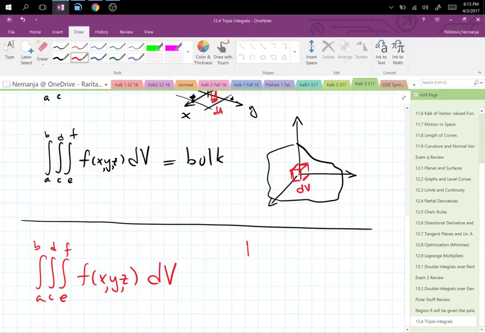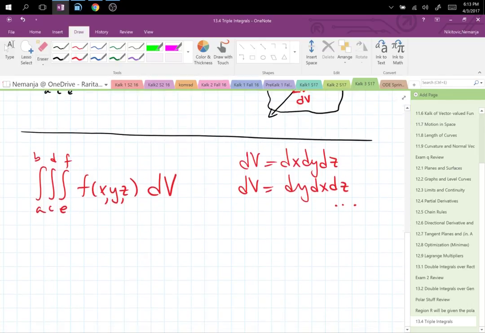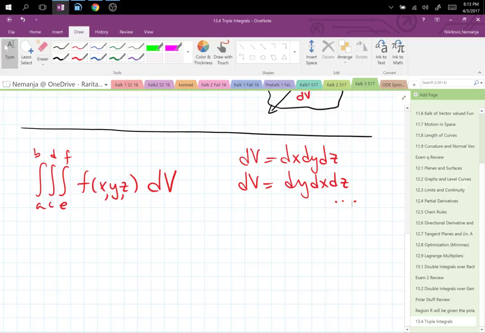And this dV now could be dx, dy, dz, or any combination in any order that you can get. So you can have dy, dx, dz, and you have 6 of them, right? So there are 6 ways in which you can arrange this dV.